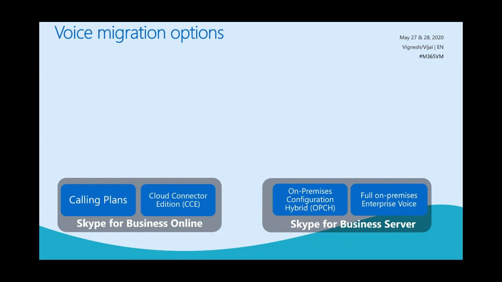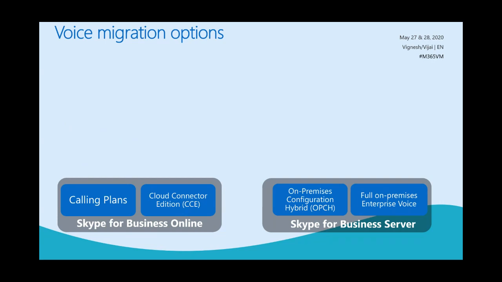You would be using your PSTN calling from your on-premises EV, and for your PBX, you would be using the online side of things. It is a mix and match, and it's quite a complex architecture to build and host.